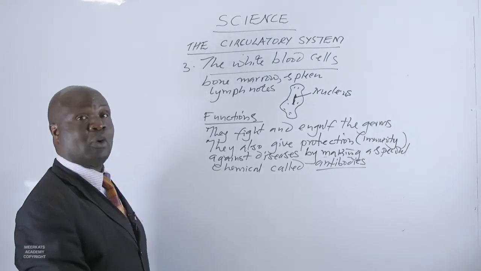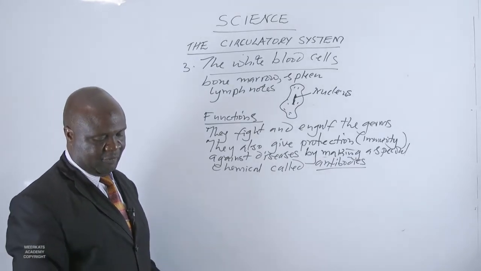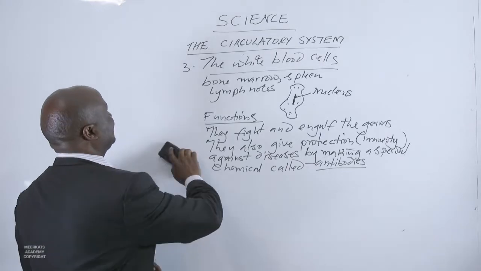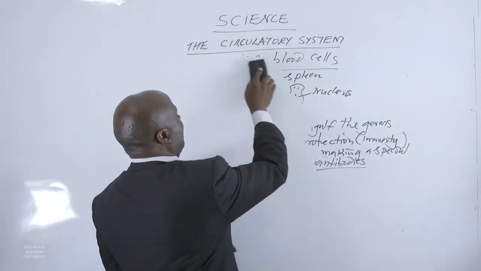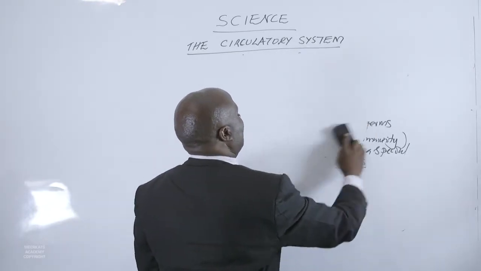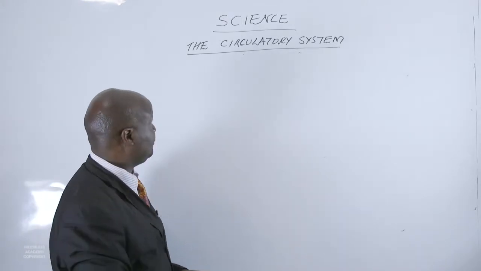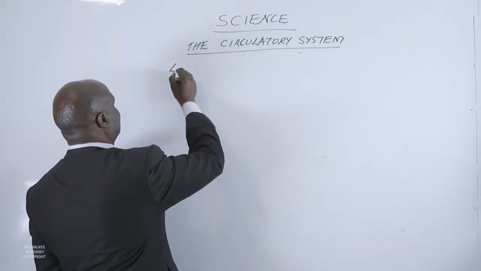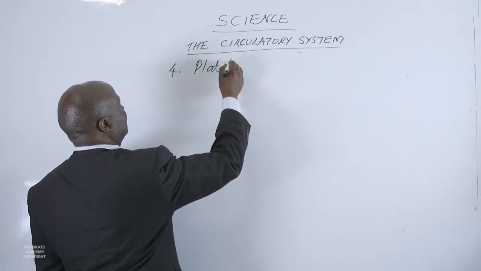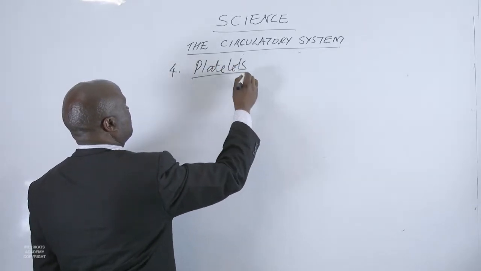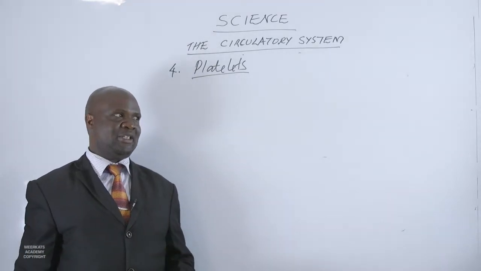So we can go to the fourth component of blood, and that fourth component of blood is called platelets. So we want to see what platelets are.